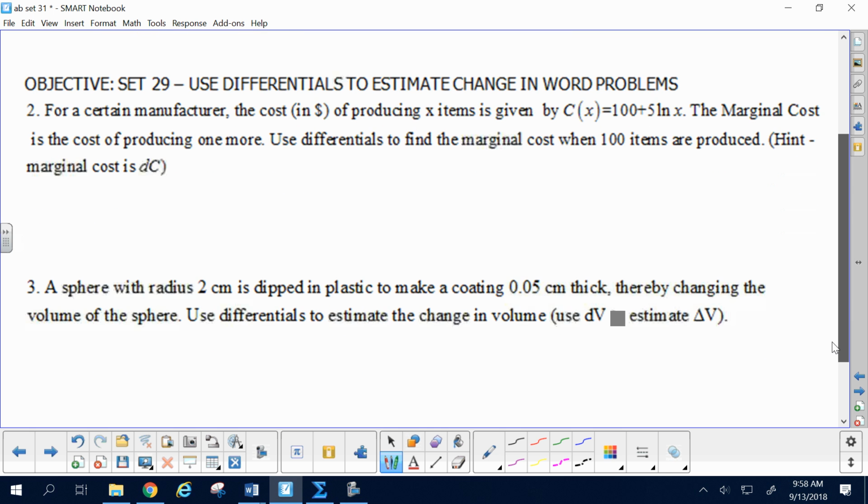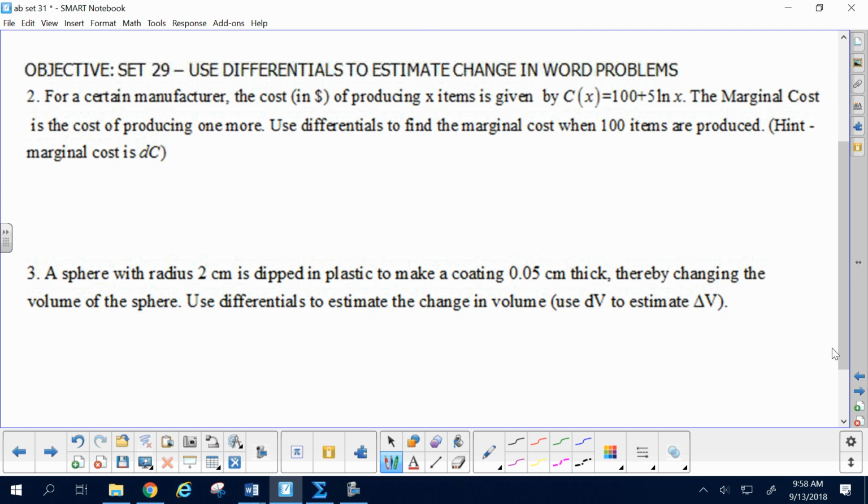Estimating change using word problems. These are business calculus problems I pulled from a business calculus book, okay? Marginal cost is the cost of producing one more. So, differentials to estimate the marginal cost. Let's start here, okay? The big idea is that dC/dx is the same as the derivative C prime of x.